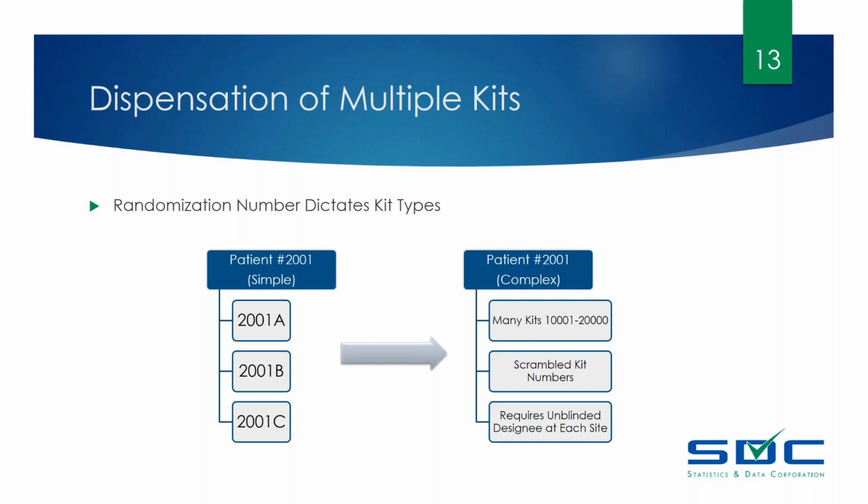The IRT system uses the randomization number, which is tied to a particular treatment type, to dispense study drug kits that are of the same treatment type as the randomization number. This would be impossible in this situation to handle without an IRT unless each site had an unblinded person to dispense kits of the appropriate treatment type to each patient.